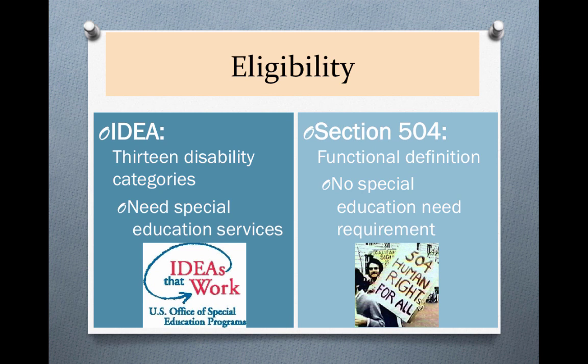So we did already talk about how disability is defined, and there is a difference. Again, IDEA is very specific with 13 categories, but Section 504 really looks at functional limitations. IDEA provides special education.